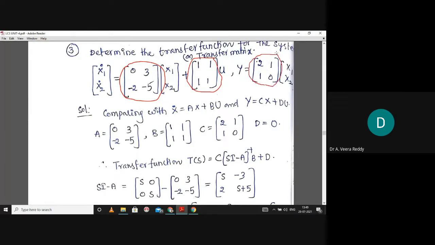Here D is not given, that means it is a null matrix.